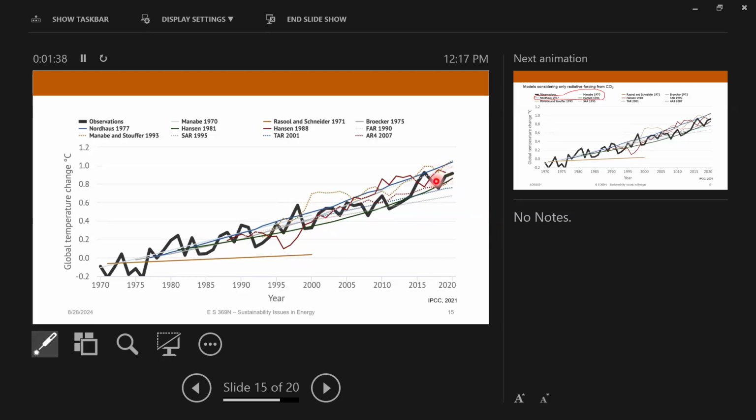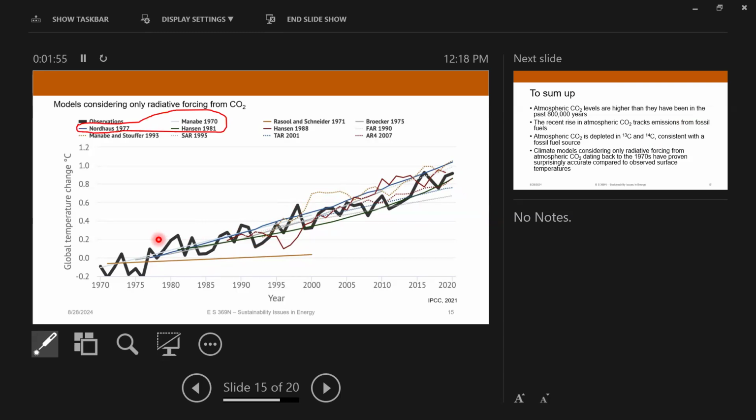That's what this dark line is. And you can see that there's remarkable agreement, remarkable predictive power, excuse me, just based on what they thought CO2 concentrations were going to do back in the 1970s. The ones in particular are these three, the Manabe, Nordhaus, and Hansen curves, which are the ones that only consider radiative forcing from CO2.